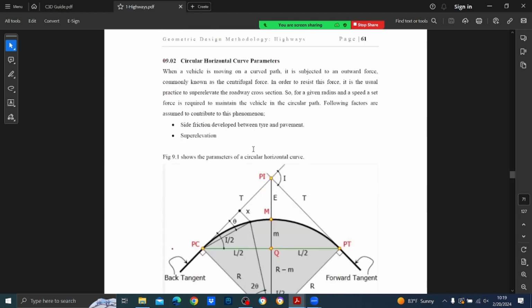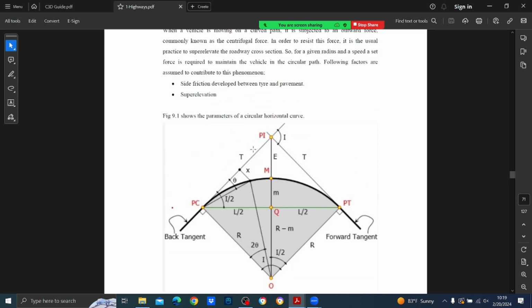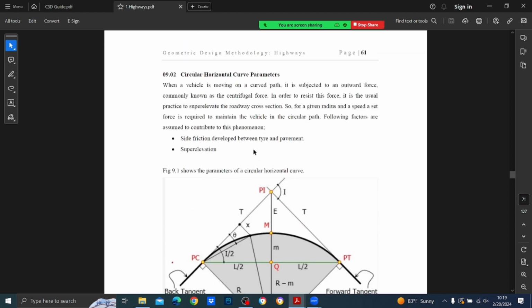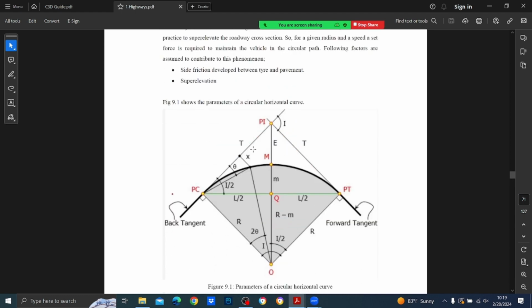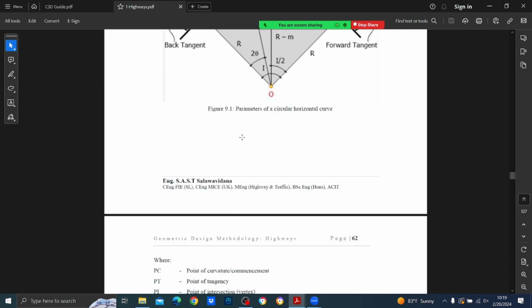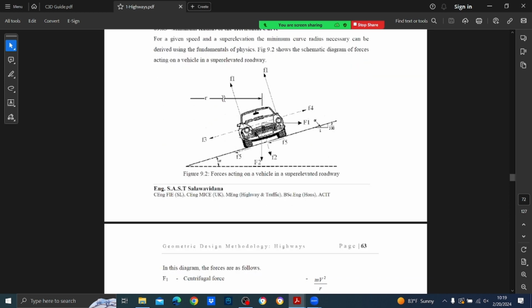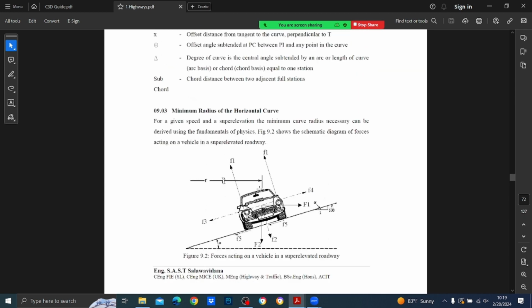Then horizontal alignment. Horizontal alignment usually means tangents and curves for national roads. We don't use transition curves for national roads; transition curves we usually use for expressways. Now this is a simple theory: when a vehicle is traveling in a curve, a centrifugal force acts.